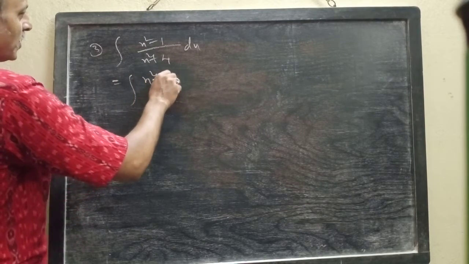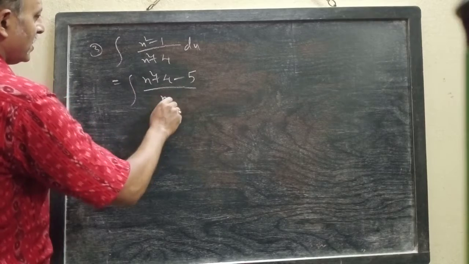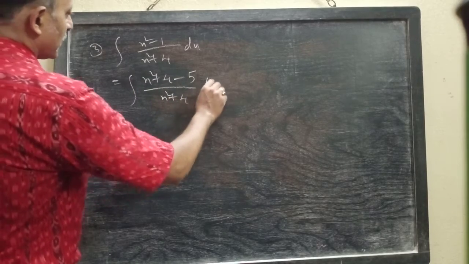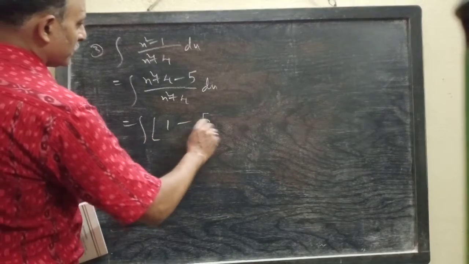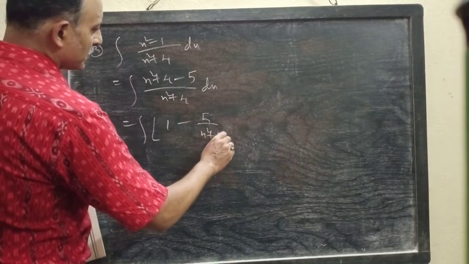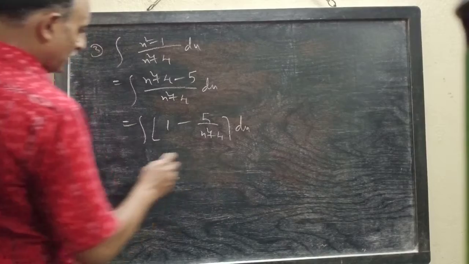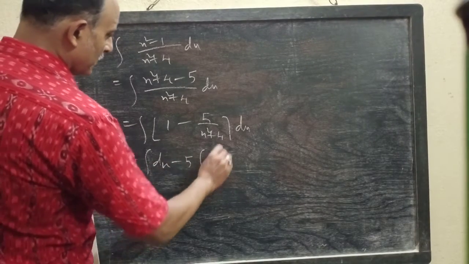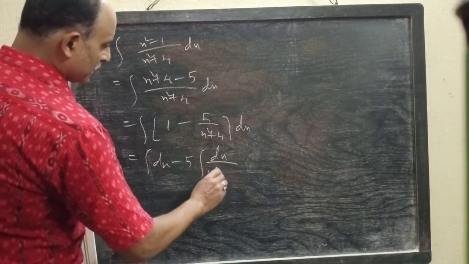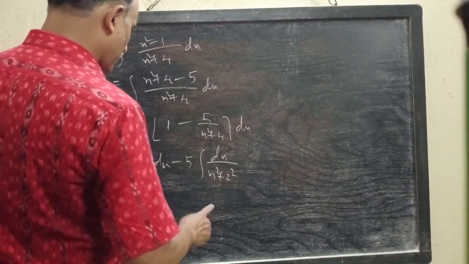X square plus 4 minus 5 by x square plus 4 dx. You get 1 minus 5 by x square plus 4 dx. Now you can write it as dx minus 5 integration dx by x square plus 2 square.